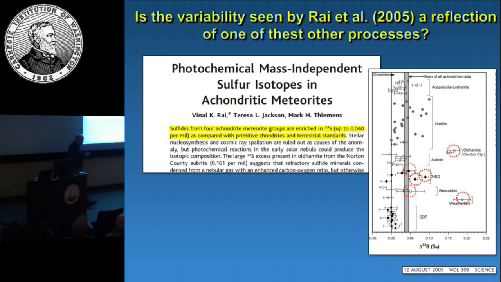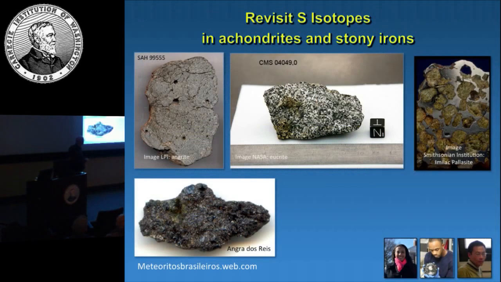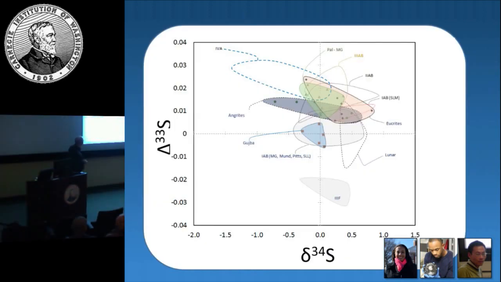So we went back and we decided to go look at these angrites, the eucrites, the monomictic eucrites, and then also look at pallasites, and we looked at Gujba, which is related to Weatherford and Bencubbin, which are CB chondrites on that prior study, to try to see if we could understand and pick up some of the variability that we see. And this is the data that we have overlain on top of the iron meteorite data.